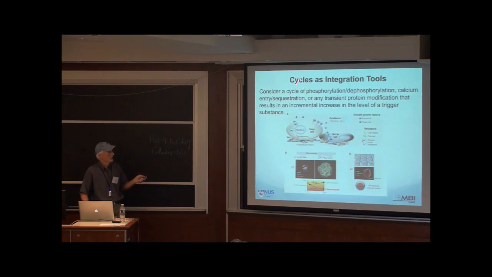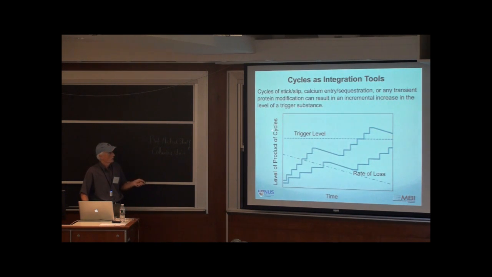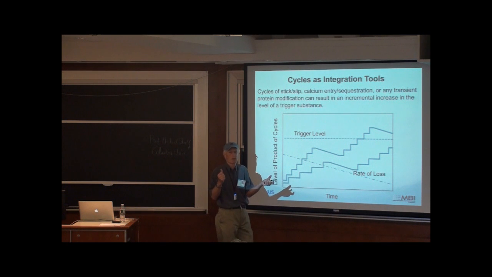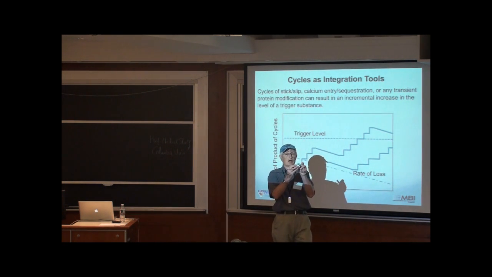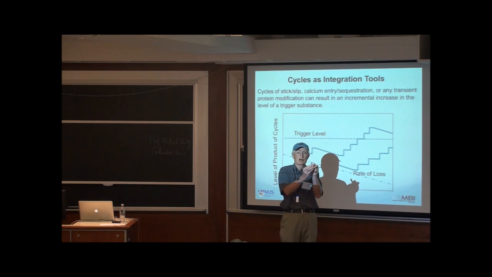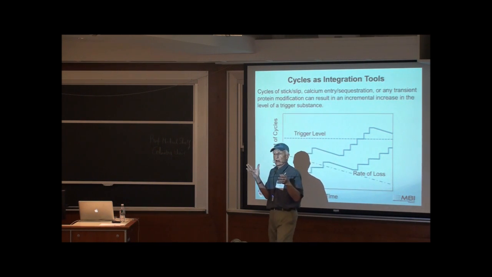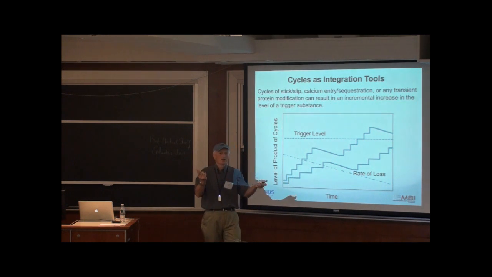Certainly cycles are good integration tools, and this has been talked about in a number of other cell systems. The example that works very well is to consider what happens with the calcium calmodulin kinase. 12 calcium calmodulins bind to that kinase to fully activate it. It's present in synapses, and it's an important component in the stabilization of synapses.